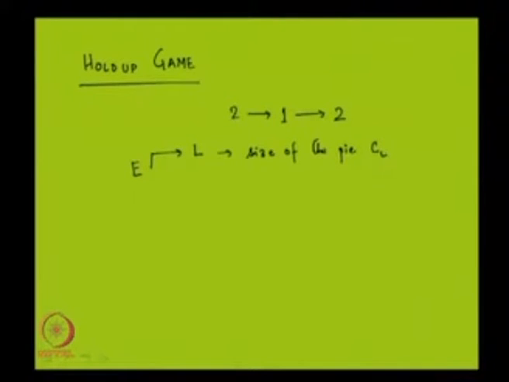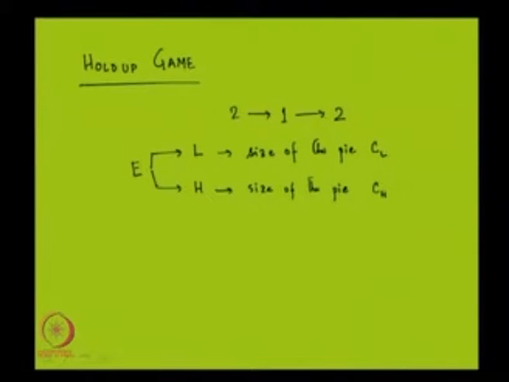Let us call it CL. CL is the total size of the pie. And otherwise, E could be high, which means he is exerting high effort, in which case the size of the pie is going to be large. Let us call it CH.